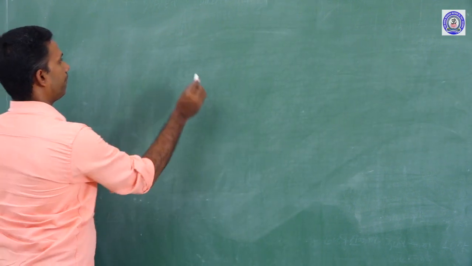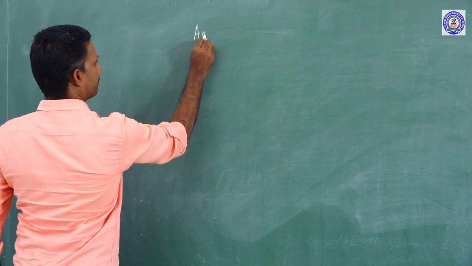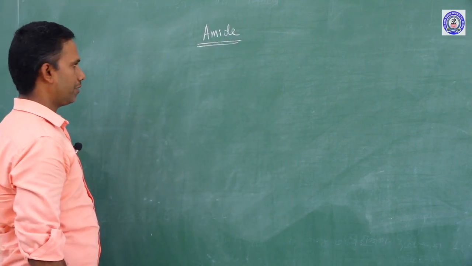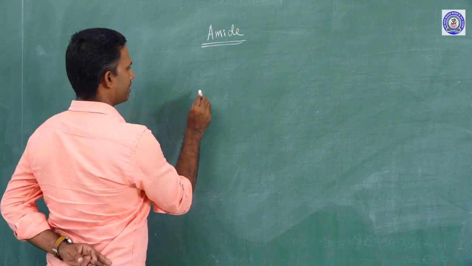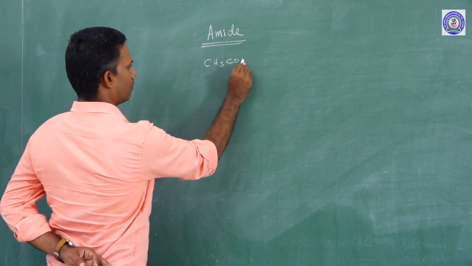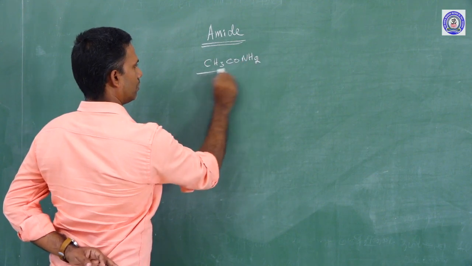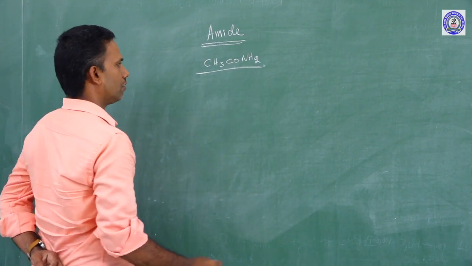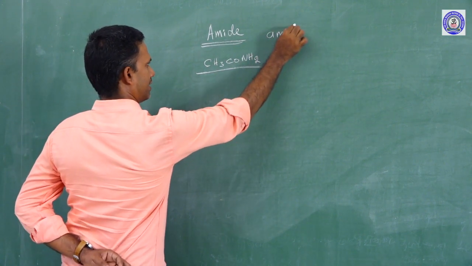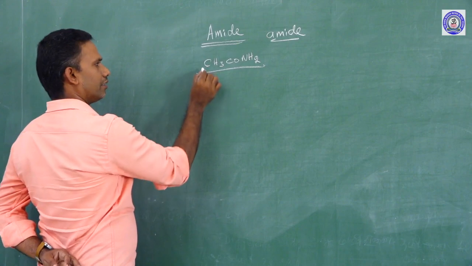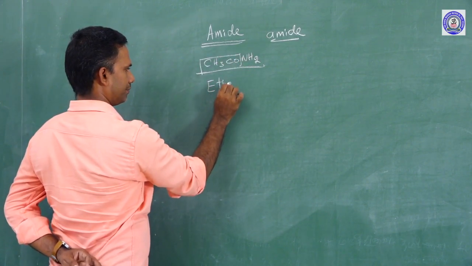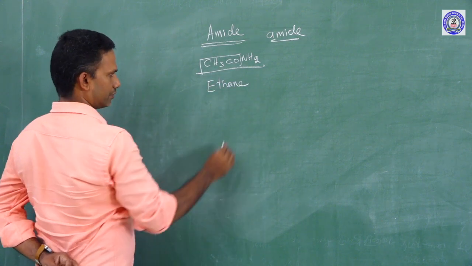The name of the amide. How to name the amides? The IUPAC name of the amides is very simple. CH3CONH2. Amide will be added as a suffix to the total number of carbons. Total number of carbons 2, ethane, amide.